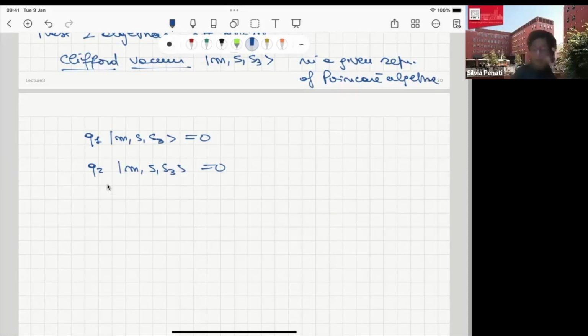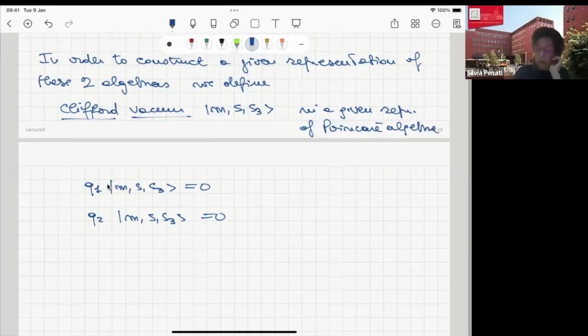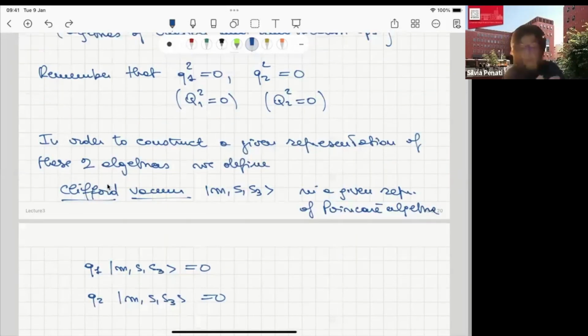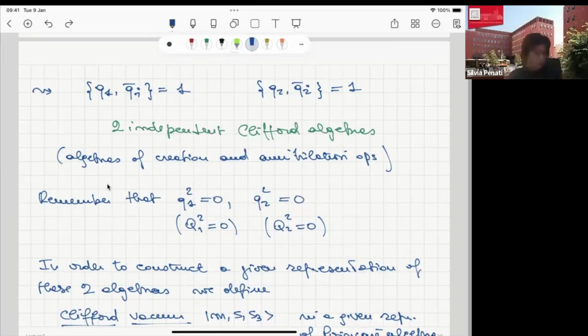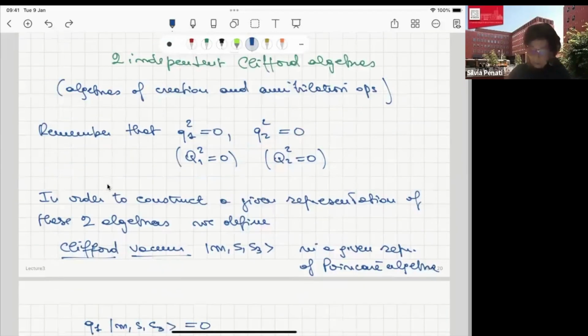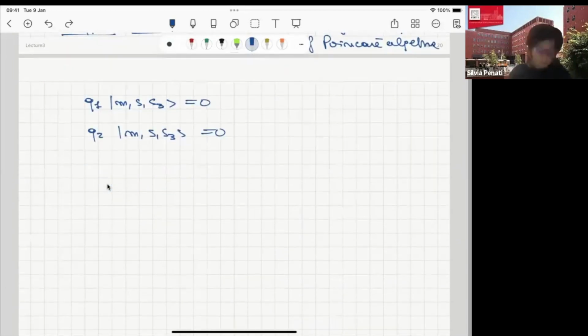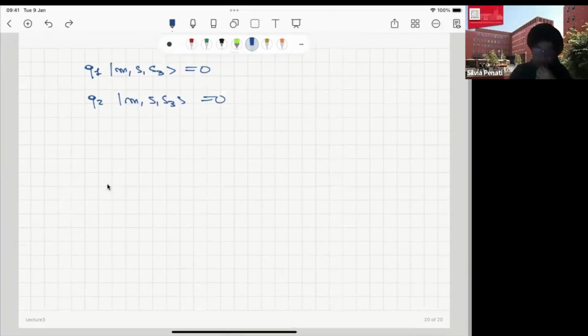At this point, starting from this initial state, I can build up the whole representation by acting with creation operators, which are, in our case, Q bar 1 dot and Q bar 2 dot.